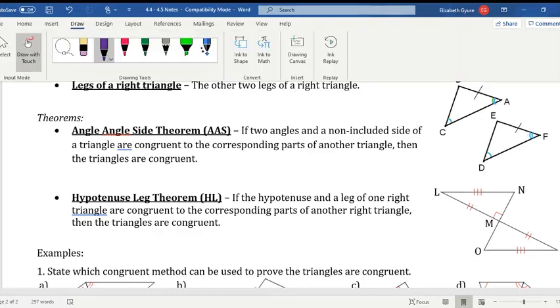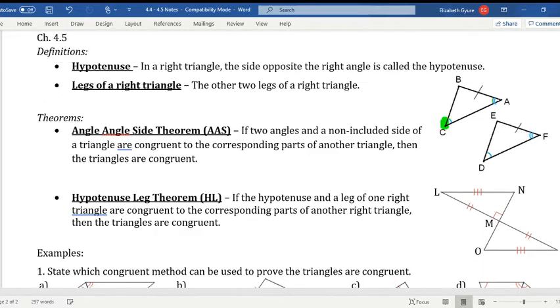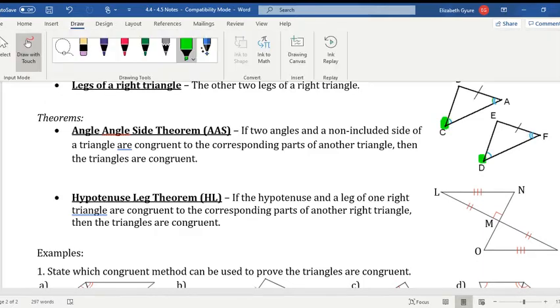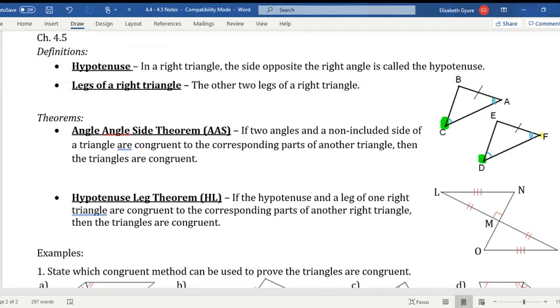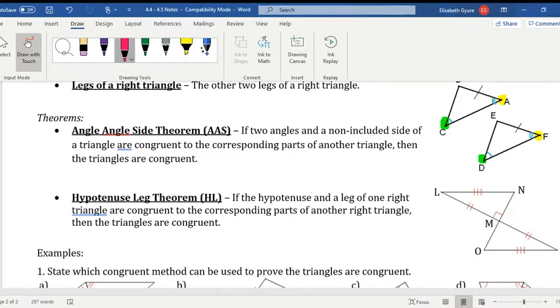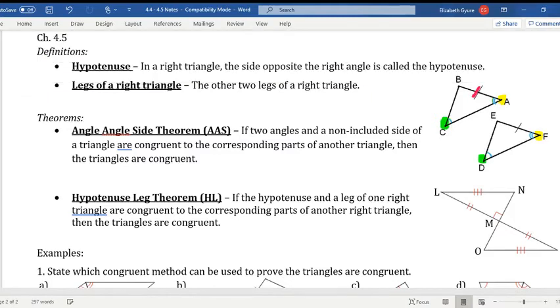So we have a set of congruent angles, another set of congruent angles here, and then the set of not included sides. So it's going to be a side that's not in between them. Do we notice the difference between this and angle, side, angle? If it was angle, side, angle, it would be CA and DF. In this case, it's not.